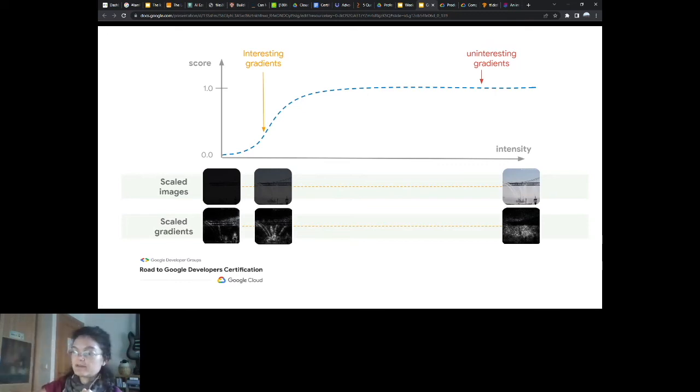And as you see, for instance, the scale image is just applying changes to the luminosity of the pixels. You are playing with the original image and changing the luminosity. And what you see below, as scale gradients, is exactly those pixels that are triggering the score to 1, at which specific moment of the change of the intensity, right?